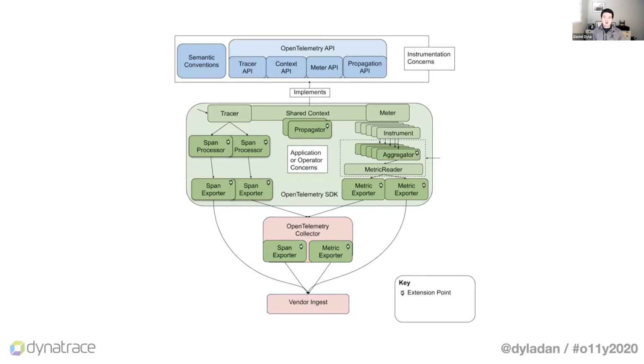But if they are, then the SDK will gather all the tracing information and export it to vendors. The OpenTelemetry collector here is used in larger deployments where you have many traces coming in from many different hosts and services, and you don't want to overwhelm your tracing backend. You can export to a series of collectors, which can then batch traces and export them to your vendor.